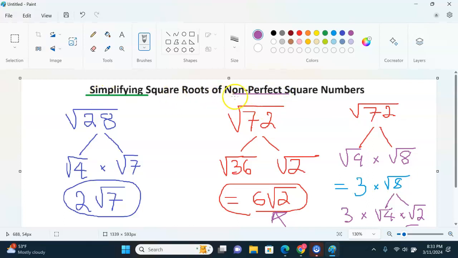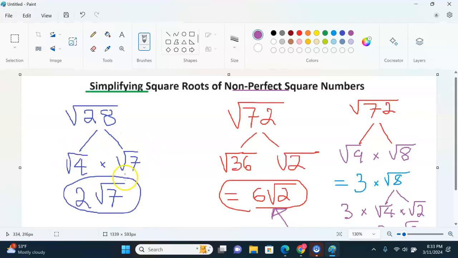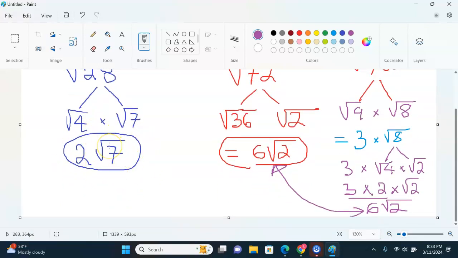We'll do a couple more from the homework where the number can get very, very big. At the end of the day, our goal is to use the factors, break down the composite number, and continue to simplify the square root until we can't do it anymore.